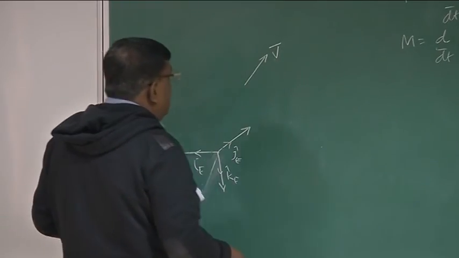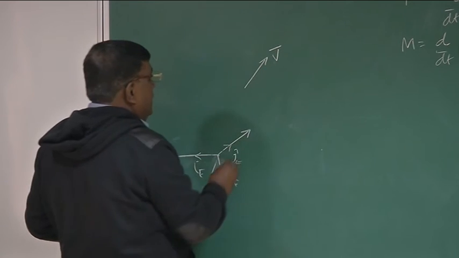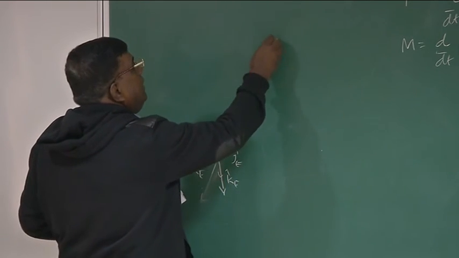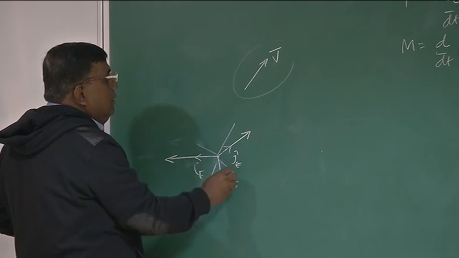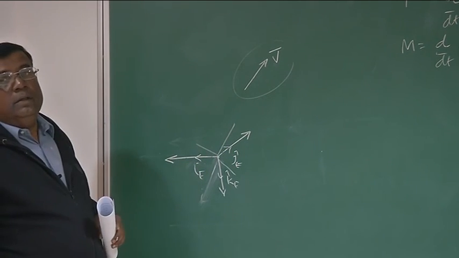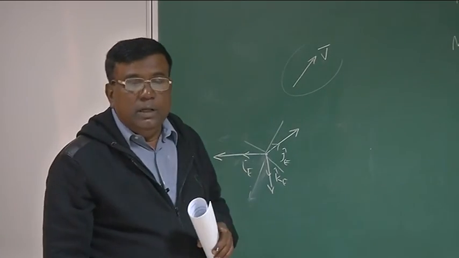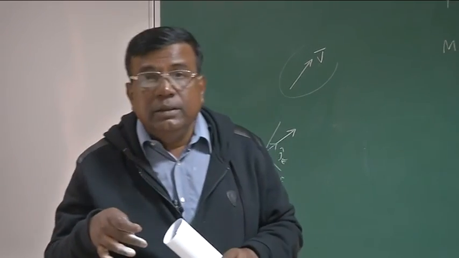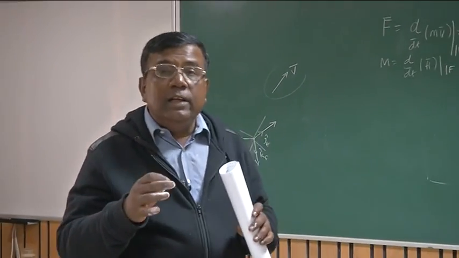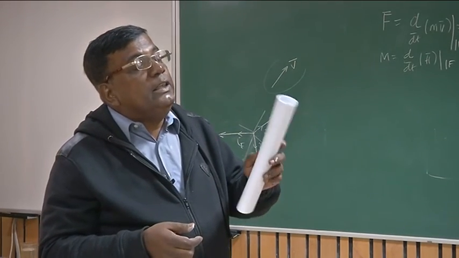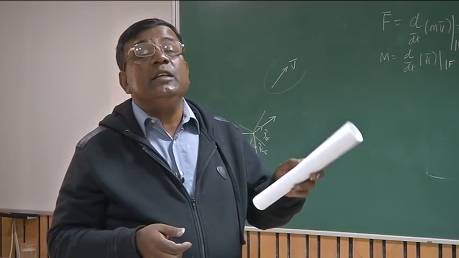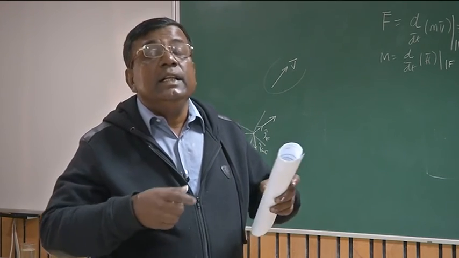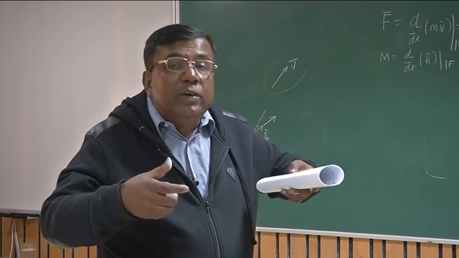However, if this is the velocity vector, let us say it is fixed here and this frame is rotating, then what will happen? Two things are happening if the frame is rotating. One is that the scalar component is changing, and also because the unit vectors are changing, there is a change di by dt, dj by dt, dk by dt, that is a rate of change of unit vectors.